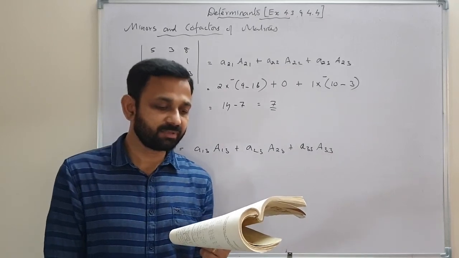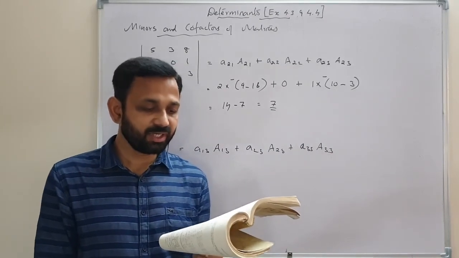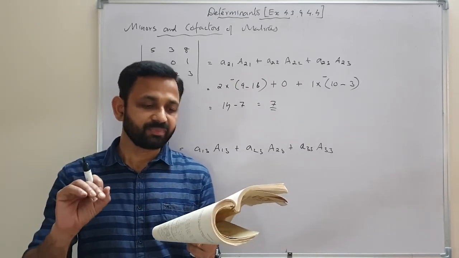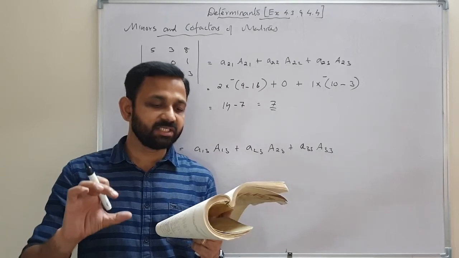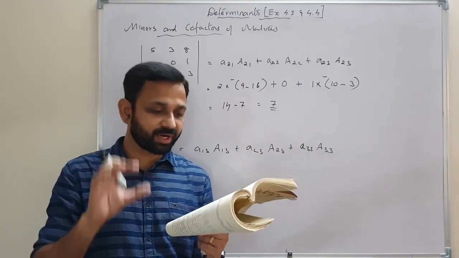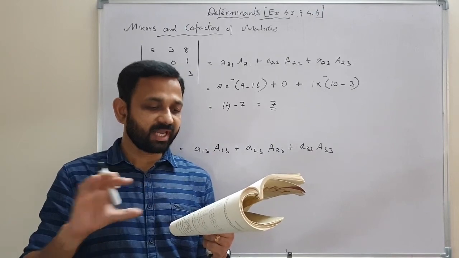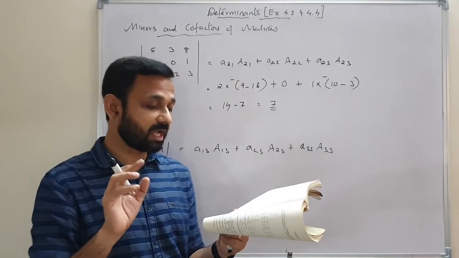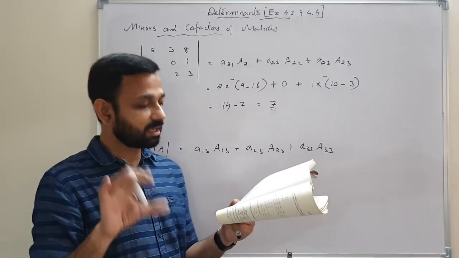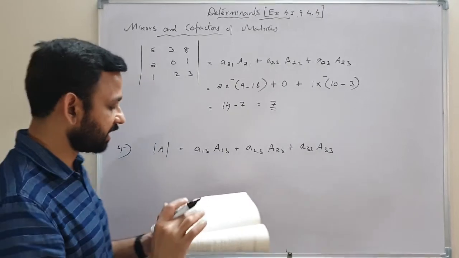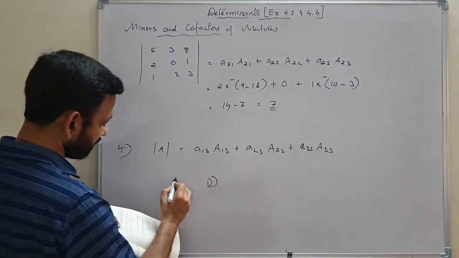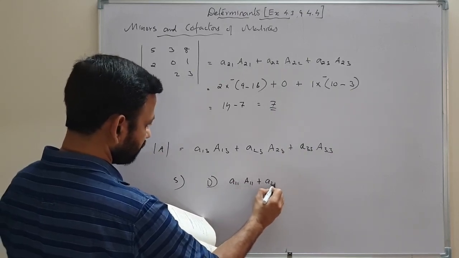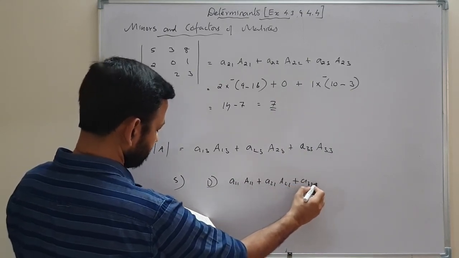The correct answer is option D, because option D is the sum of the product of the elements of a row and the corresponding cofactors: a11 into A11 plus a21 into A21 plus a31 into A31.